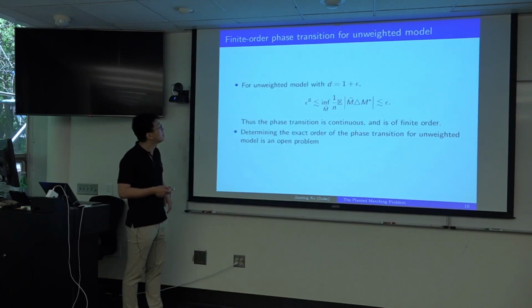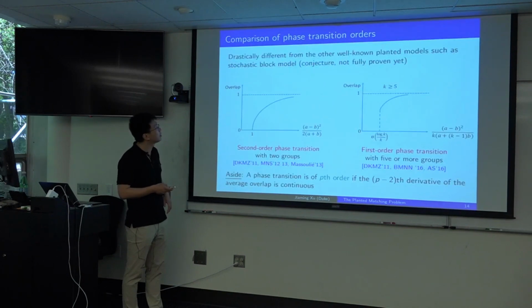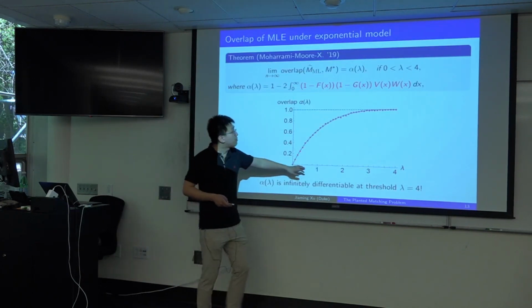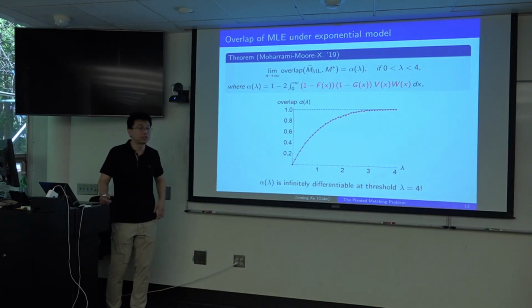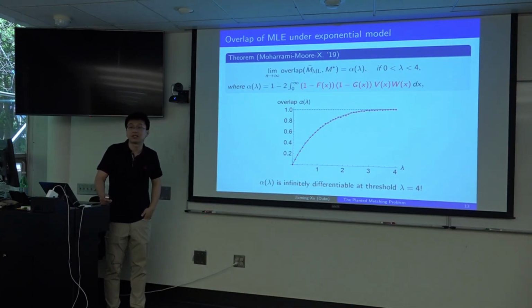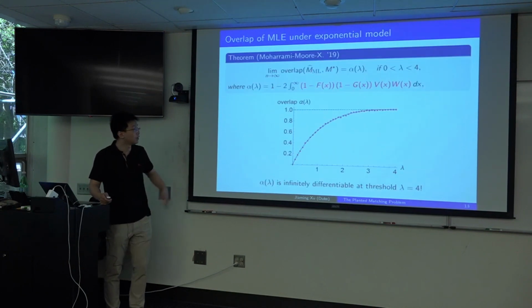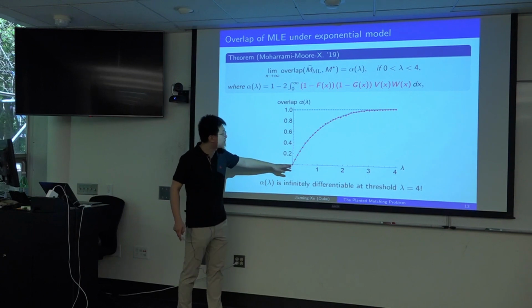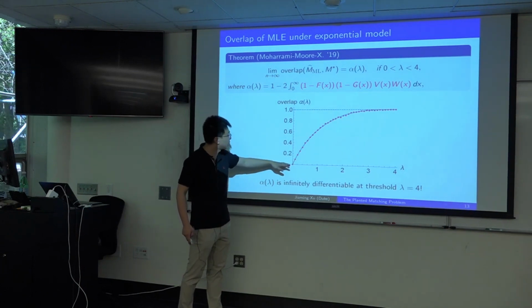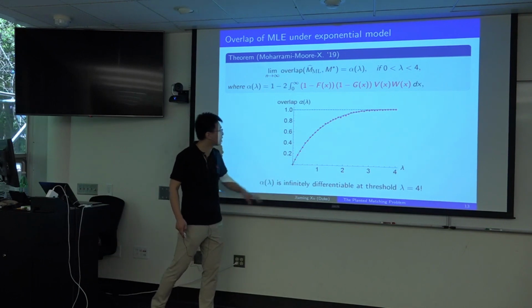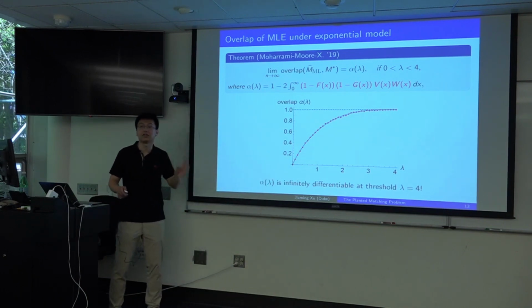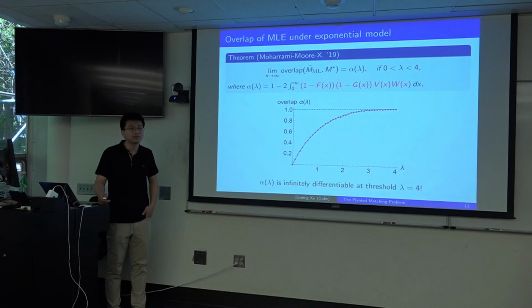In our case, the phase transition is about how the overlap converges to 1. That's the difference between these two problems. If you talk about the overlap being bigger than 0, there's no phase transition in our case: as long as lambda is bigger than 0, you always get some fraction of edges correctly.